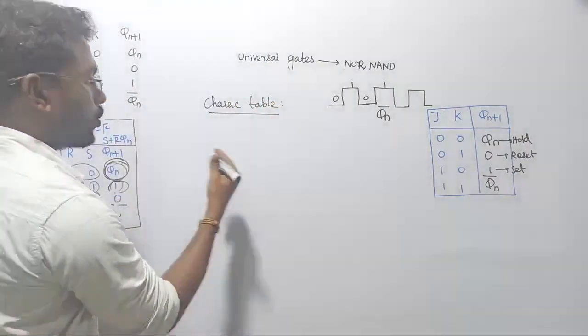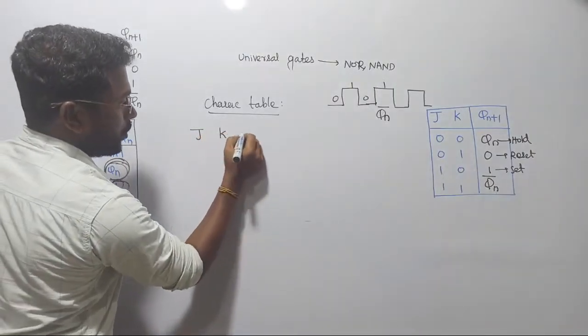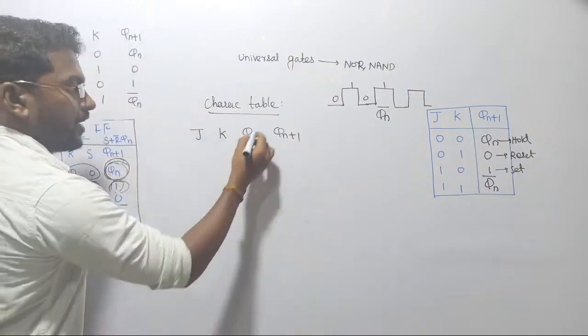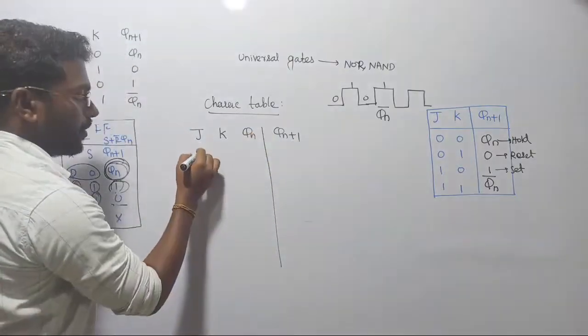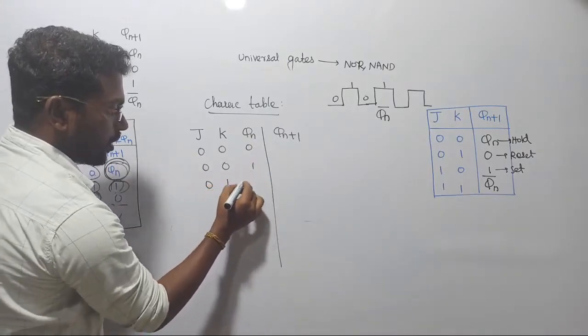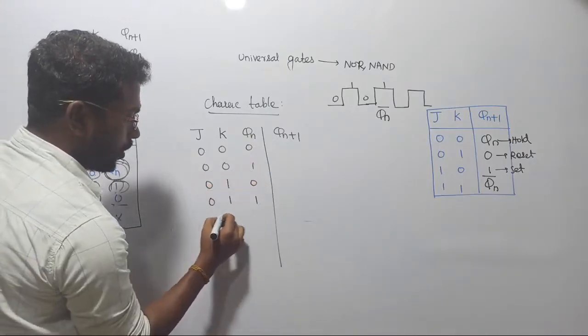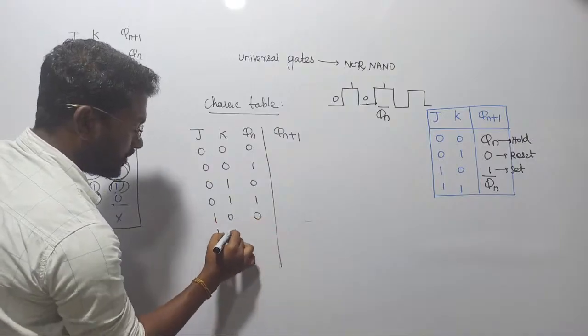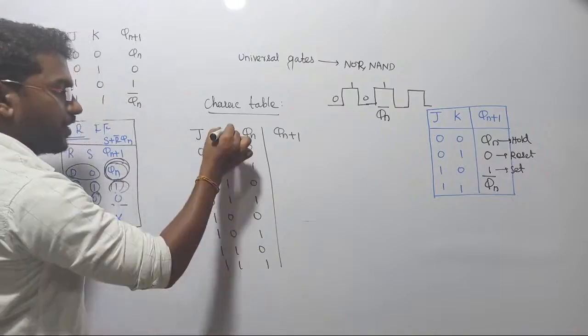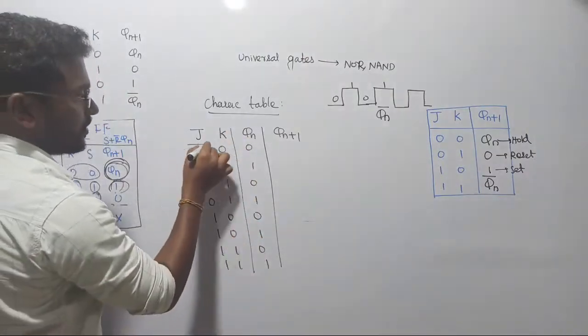Anyway, there are 8 combinations, right? They are 0 0 0, 0 0 1, 0 1 0, 0 1 1, 1 0 0, 1 0 1, 1 1 0, 1 1 1. Clear?